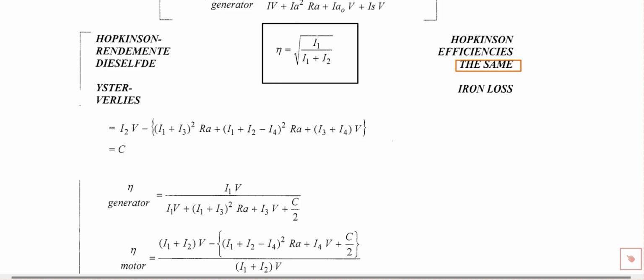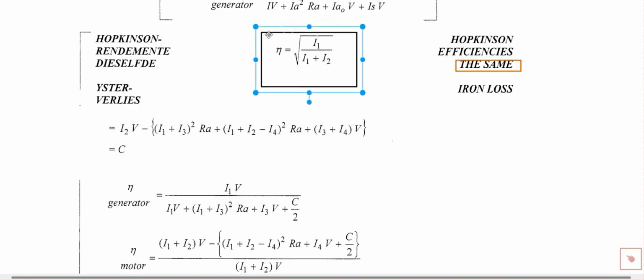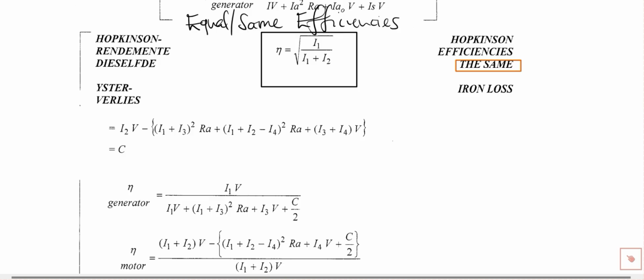So for the purpose of clarity, just to make sure that we don't make any mistakes, when you use this formula, you will read a question, it will say calculate the efficiency if you have equal or the same efficiencies either in a generator or in a motor. Your actual condition is this very one here.